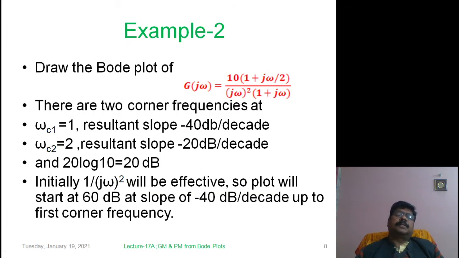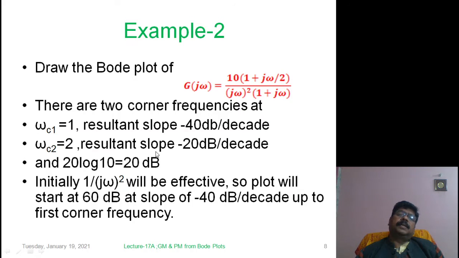So the plot will start at 60 dB having a slope of minus 40 dB. For the next one, 1 plus j omega, it will be up to omega equal to 1, right? After the first corner frequency, it will have a net resultant slope of minus 20 dB per decade.